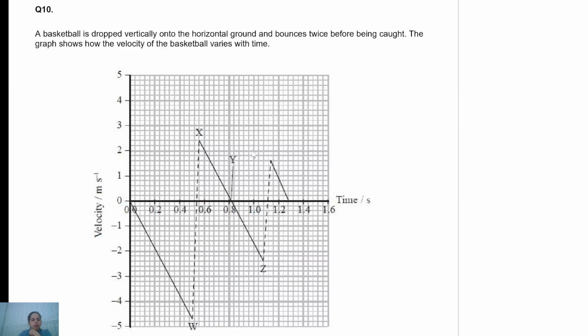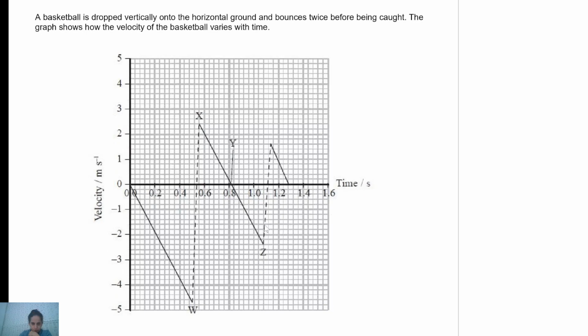A basketball is dropped vertically onto the horizontal ground and bounces twice before being caught. Okay, so there's a bouncing ball, bounces twice, one and then twice, and being caught here. I don't want to confuse you by giving you this diagram, so I'm going to give you the same diagram.